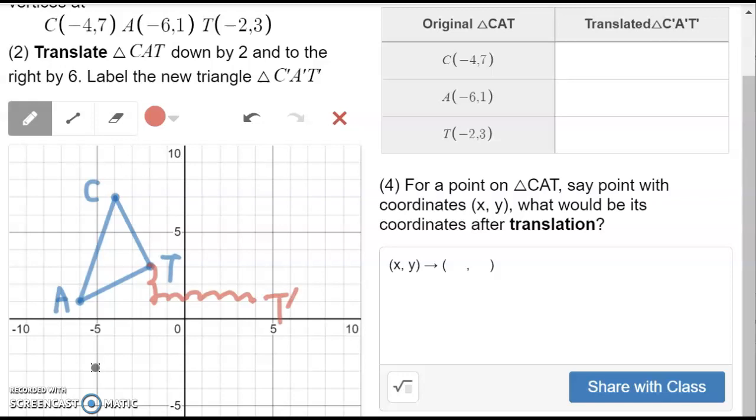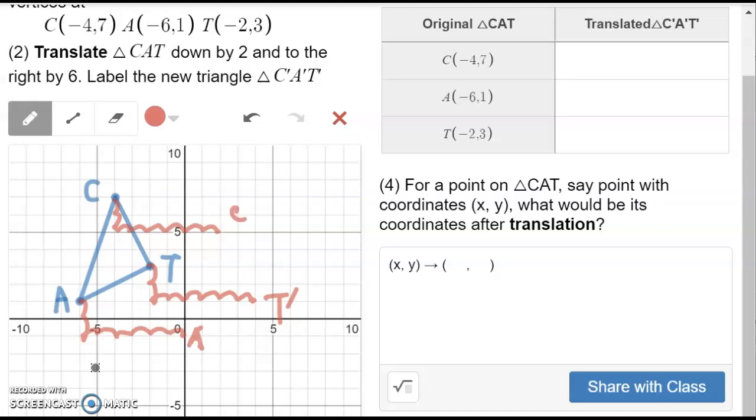Okay, and I need to do the same thing. 1, 2, and then move to the right by 6, 1, 2, 3, 4, 5, 6. And this will be my A prime. And then finally 1, 2, then 1, 2, 3, 4, 5, 6 horizontal.